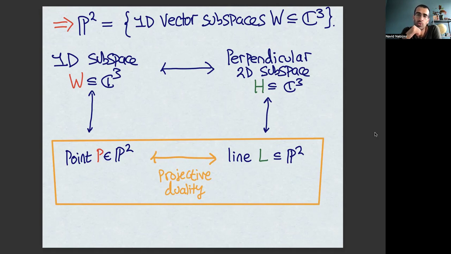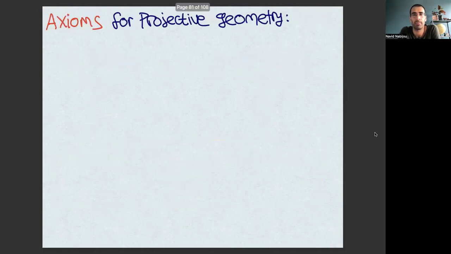But there's another way. We've understood this algebraically, by thinking about subspaces and how we parameterize them and so on. But there's a different way we can understand projective duality, which is much older in a way, and that's this axiomatic approach. So let me just talk about this a little bit, because I think this is quite fun. So we set up projective geometry as saying that there's some set P2, and it has this interpretation, and I can look at polynomial equations and so on.